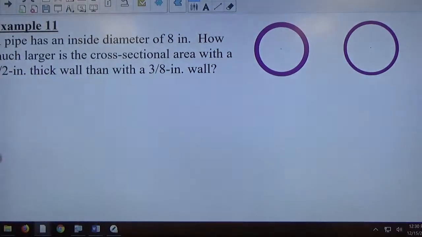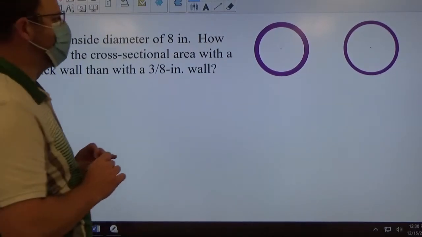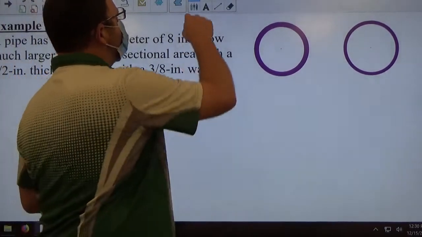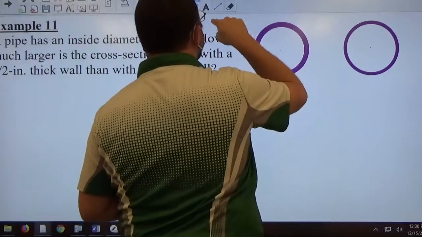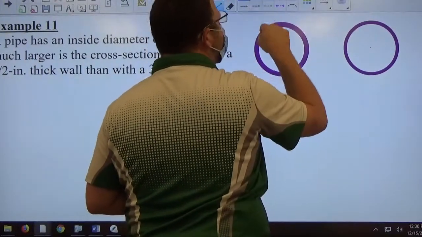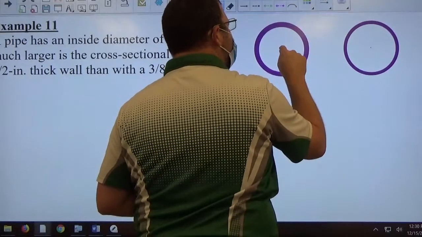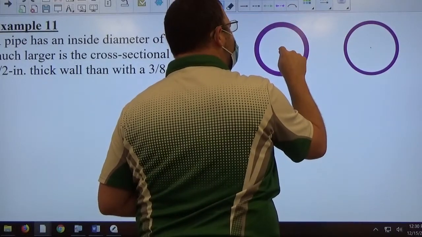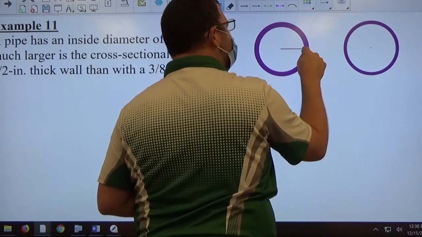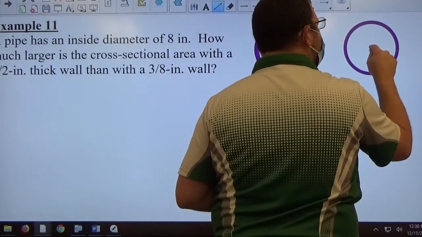Find my center. All right, so if it has an inside diameter of 8 inches, inside diameter is 8 inches in both cases, so we have one thicker than the other. So if the diameter is 8 inches, what's the radius? 4 inches, right? So the inner radius of both of these is 4 inches, and this is also 4 inches.